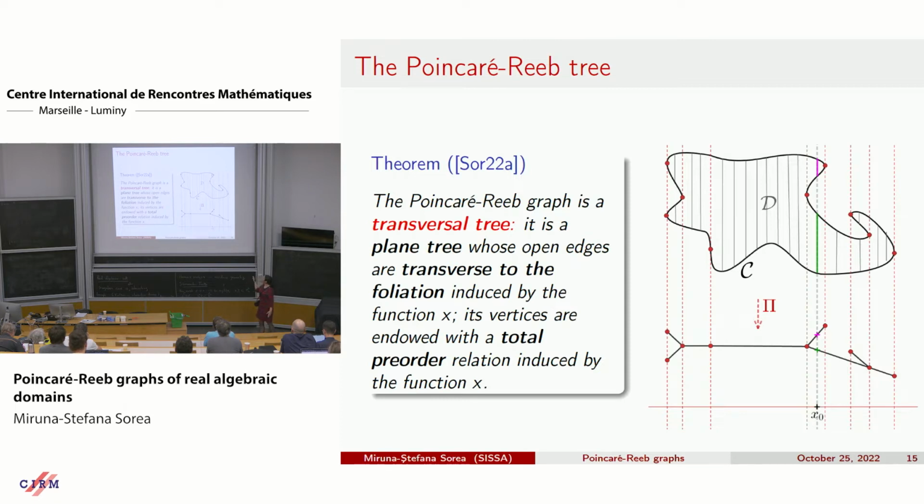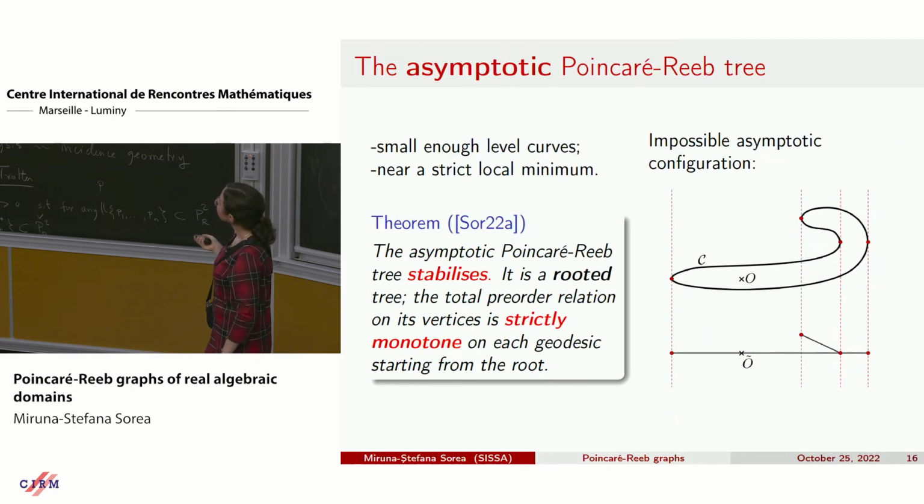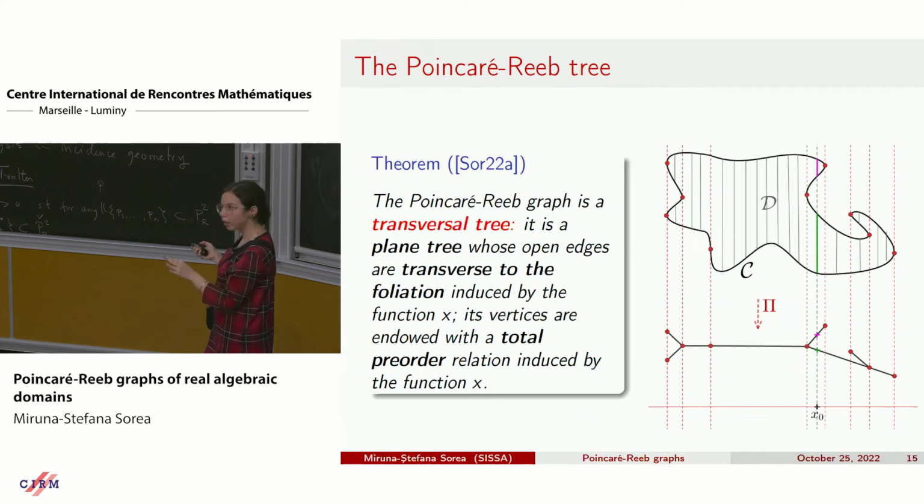Moreover, because the function x descends to this quotient, we have a total preorder endowing the vertices of the graph. I'm saying preorder just because it can happen that the curve has vertical bitangencies. So this is important to keep in mind throughout the talk, that we have a preorder on these vertices. We don't care about the precise coordinates of the points, but about their relative positions.